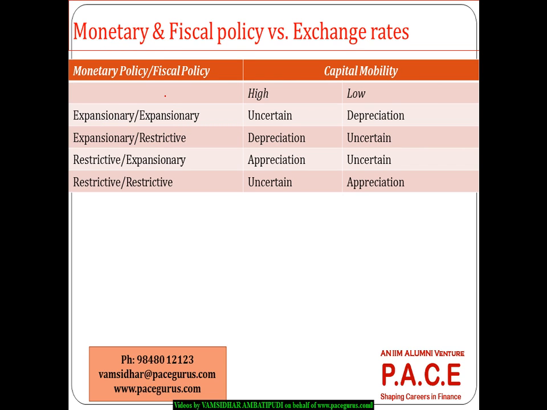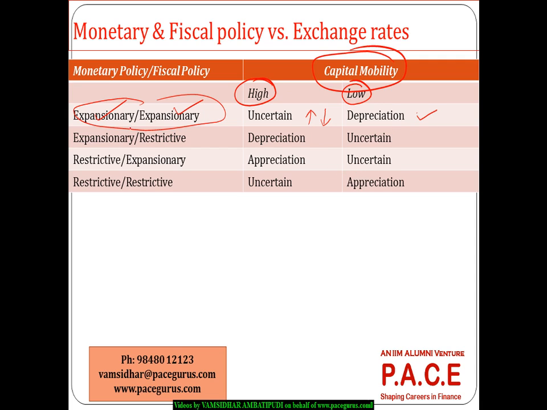Just as a quick summarization, when I am looking at both monetary policy as expansionary and fiscal policy also as expansionary, and there is high capital mobility, we could see that the exchange rate can either go up or go down. There could be an appreciation or depreciation. But in case both of them are expansionary, and I see that the capital mobility is not there, it will definitely result in a depreciation of the currency.